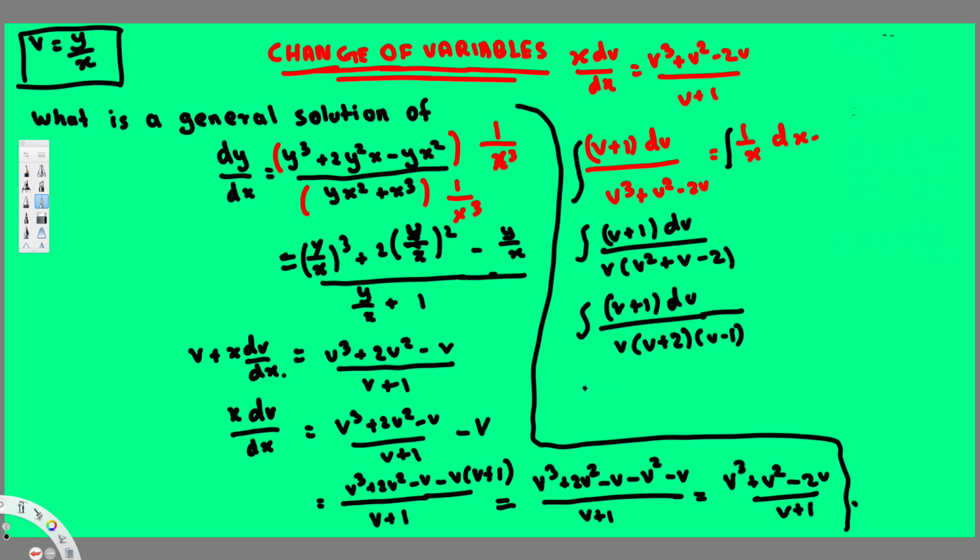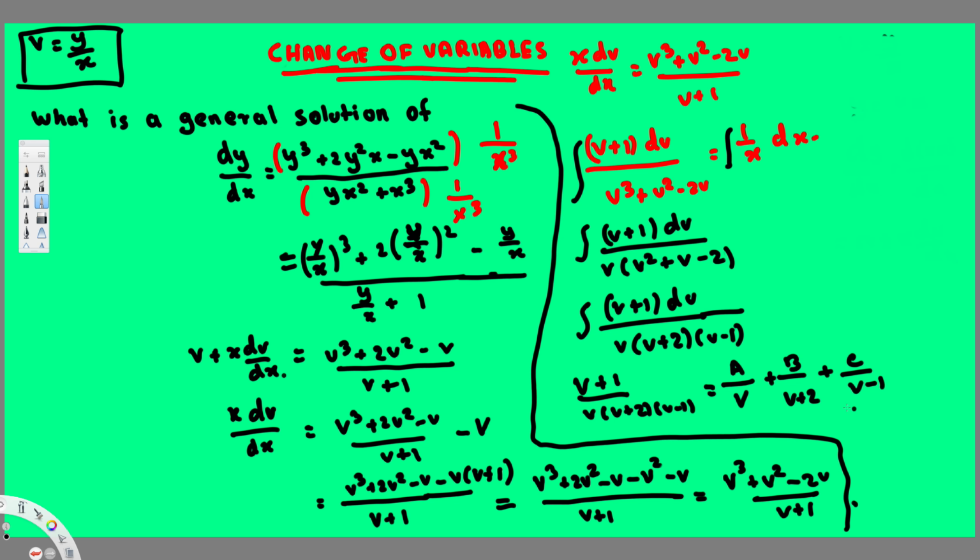And if you remember, partial fraction decomposition is when we take this part alone, v plus 1 over v times v plus 2 times v minus 1, and on the other side we write each bottom part separately, into 3 parts, right? Because we have 3 different functions. So we put a, b, c, like a over v plus b over v plus 2, and then plus c over v minus 1.